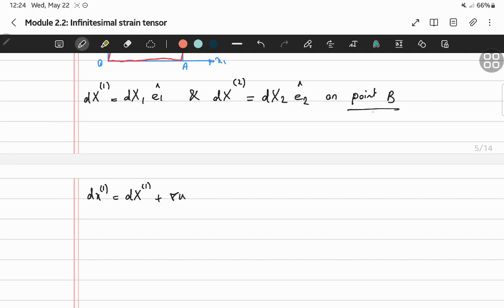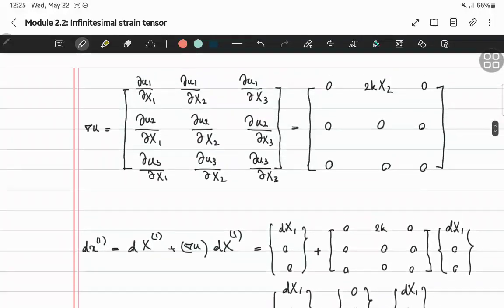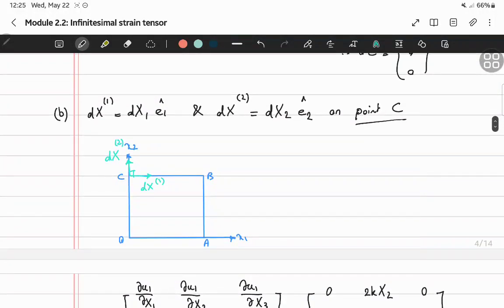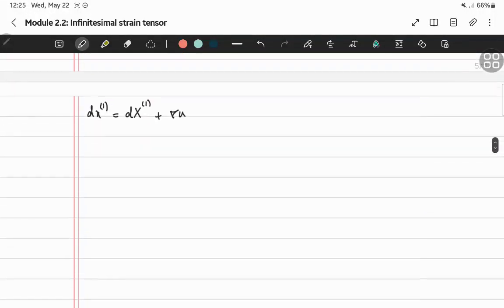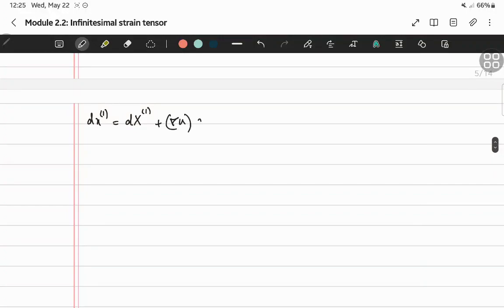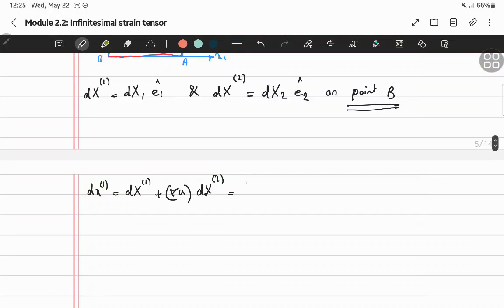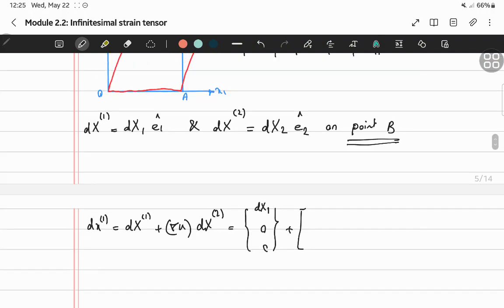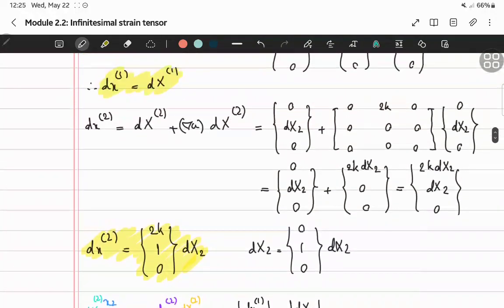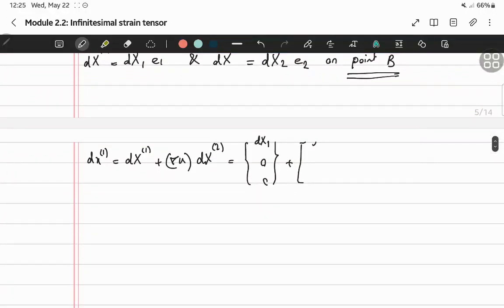This is for point B, and this was for point C. Del u dx2, then dx1 is going to be dx1, 0, 0, plus del u, which was 2k, 0.